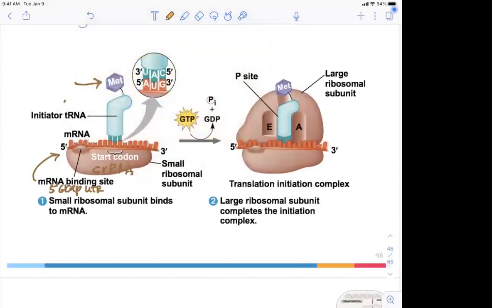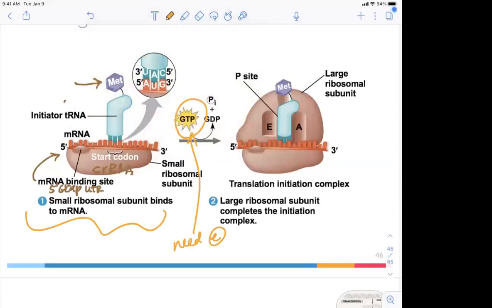The only thing that I hadn't highlighted previously is that once this first part forms, we are going to need some energy in the form of GTP, similar to ATP. We've seen GTP before in cellular respiration, or similar to the nucleoside triphosphates.